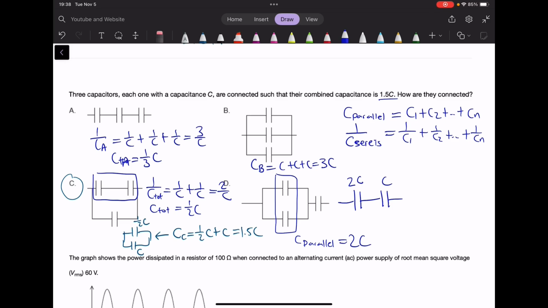So 1 over the total capacitance is equal to 1 over 2C plus 1 over C. And this is equal to 3 over 2C. The total capacitance is then equal to 2C over 3.